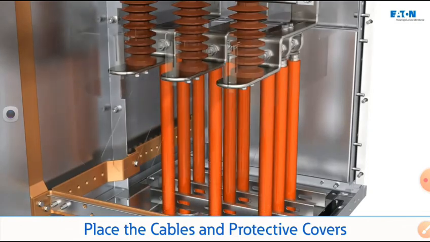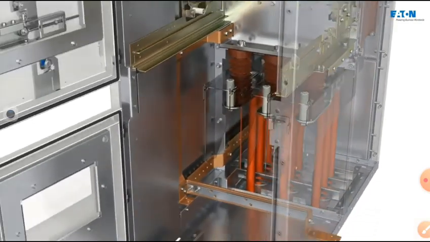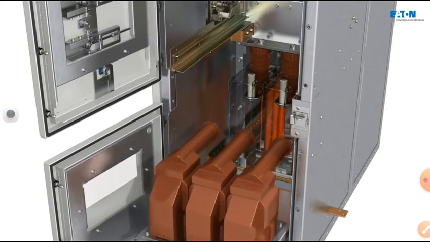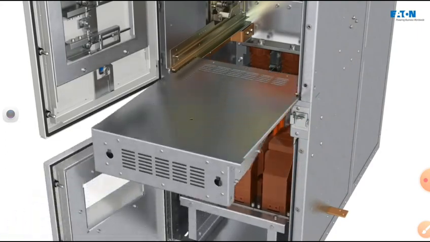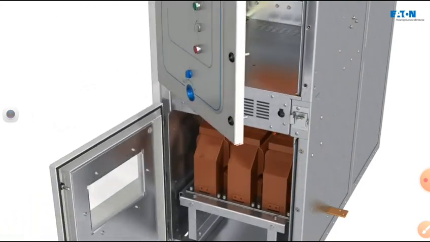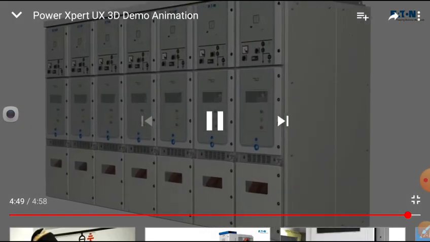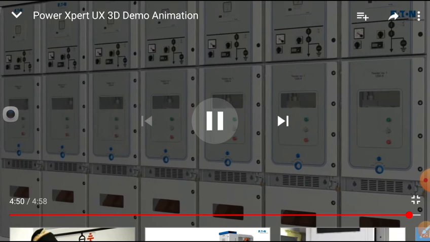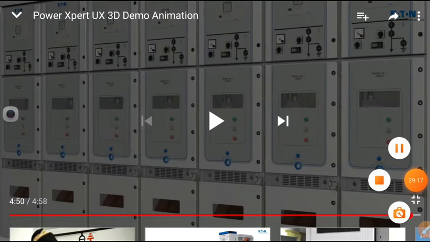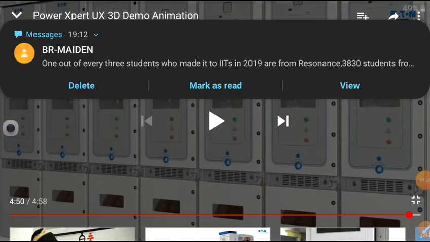Connecting rods. So this is one example of a VCB generally used in our industrial fields. Similarly, different companies and different ranges can be used for protection of the system.